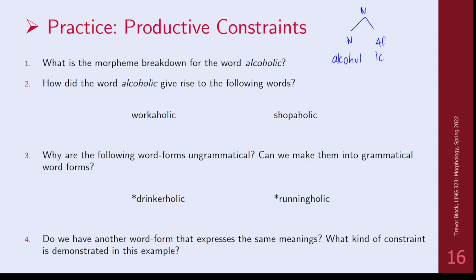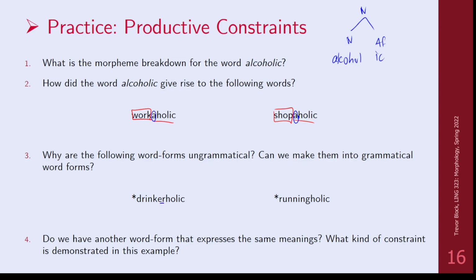Now, this came up with new words like workaholic and shopaholic. And I put the brackets around here, but if we think about how alcoholic was formed, really the base form should be workahol and shopahol. But that's not actually what happens here. Actually, we took the word work and added aholic. Shop added aholic. Now, why are these other forms ungrammatical, like drinkerholic and runningholic? Well, it could be to do with the fact that we don't have a vowel there.